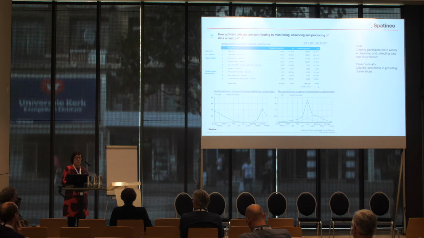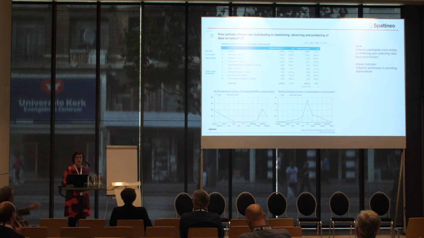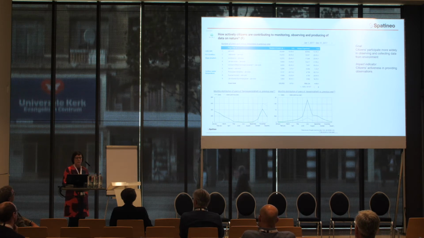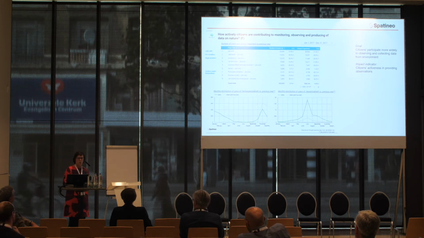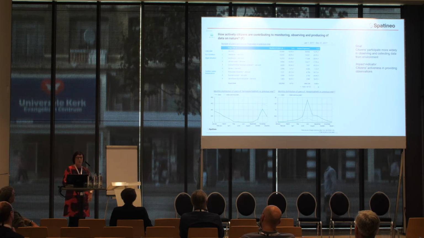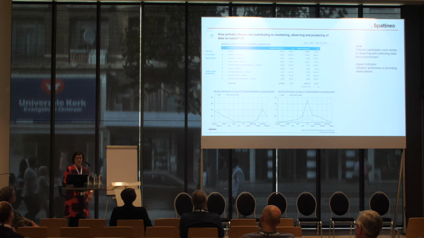So there are tools, and down on the left you can see the one for the winter observations. It was started in October 2016. That's the light green color, and the darker green color is from last year.